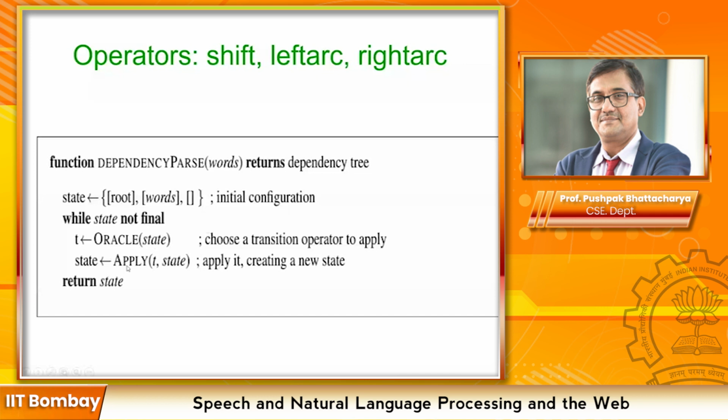And the next state is the result of application of T on the current state. These two are the main operations. The oracle, depending on the state of the buffer and the stack, gives you the operator, and the next state is obtained as a result of applying the operator onto the state. Okay, this is a very top level view of whatever we discussed.